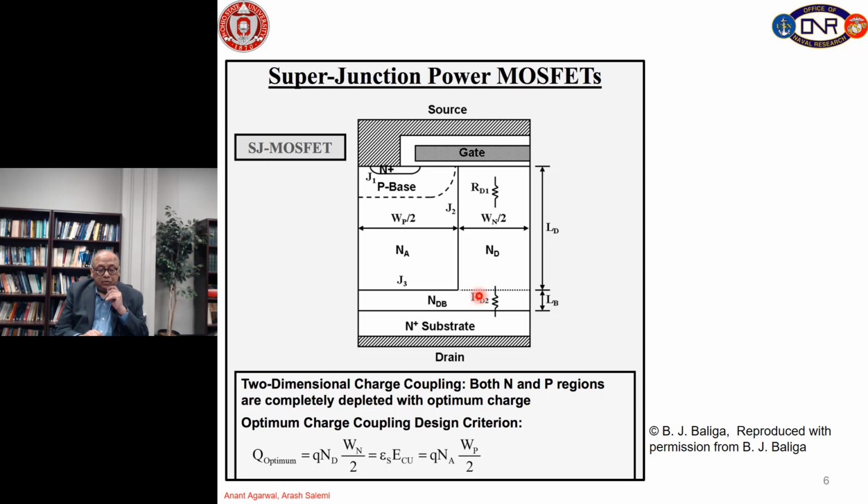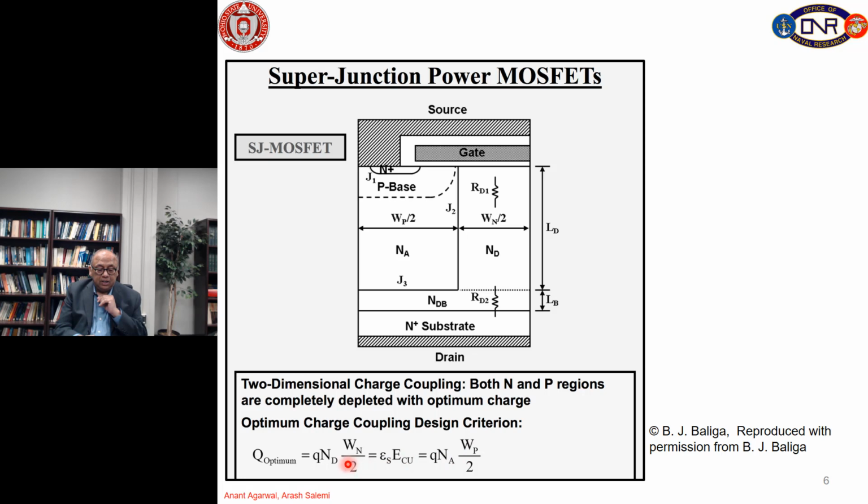One thing that is useful is that when we apply reverse bias, we want to deplete both P and N in the x direction first of all. So, that tells us that the charge times the width of the N side should be equal to the charge on the P side.